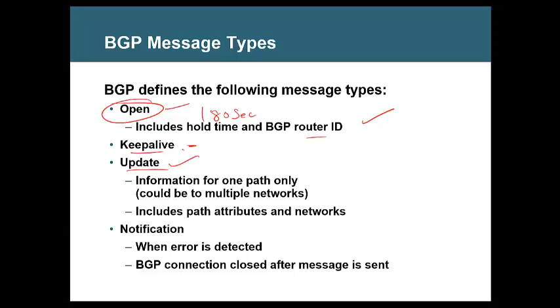If anything goes wrong for a network or for a neighbor, for a router, that will be sent as a notification. That's called an error message if any error is detected. Update is like sending route information with the attributes, but when there is a change to an update that is already sent, that is sent as a notification.